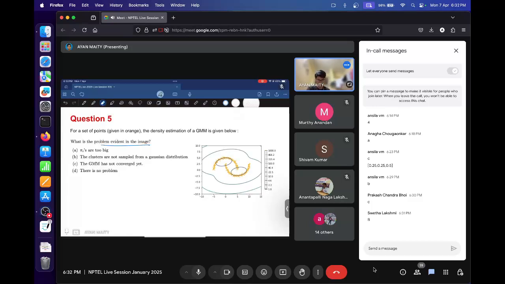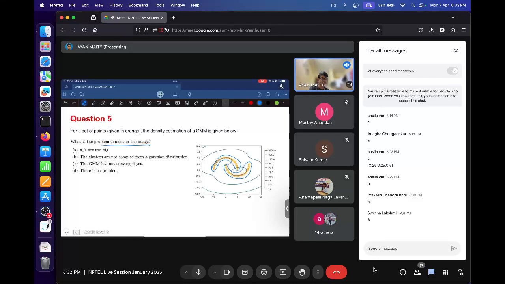So these are the data points. These orange dots are the data points, and as we can see, the actual clusters should have shapes like this. These clusters are not really Gaussian shaped clusters, so the data points are not actually sampled from Gaussian distributions.